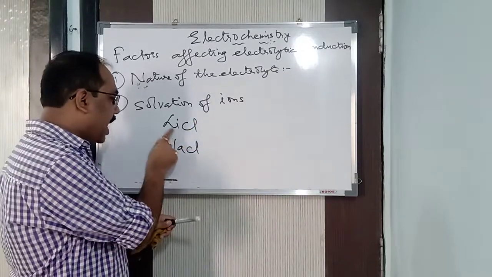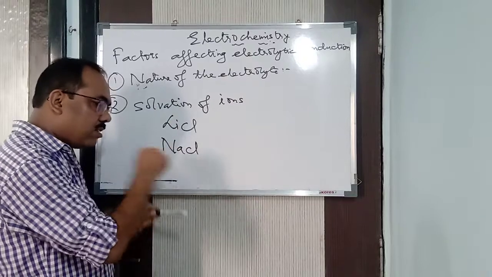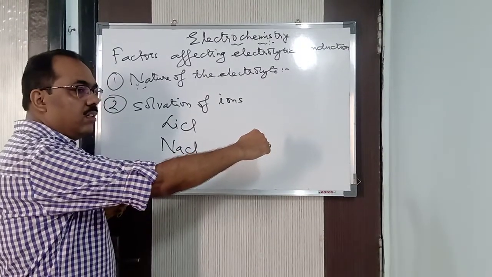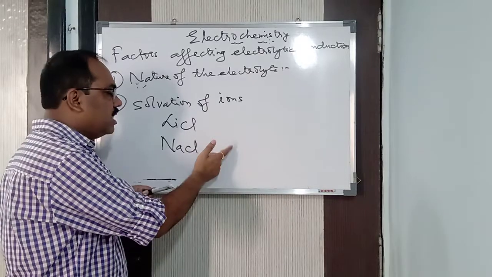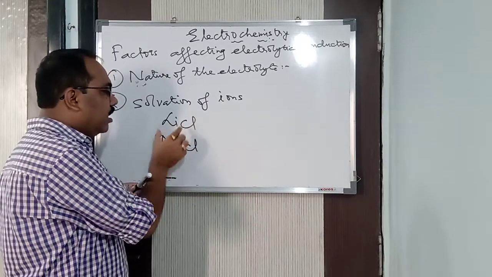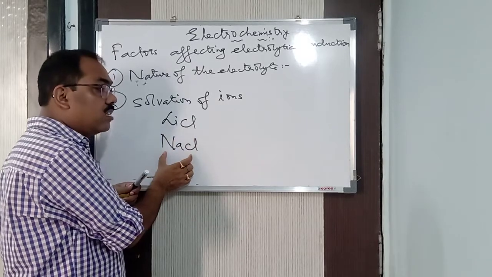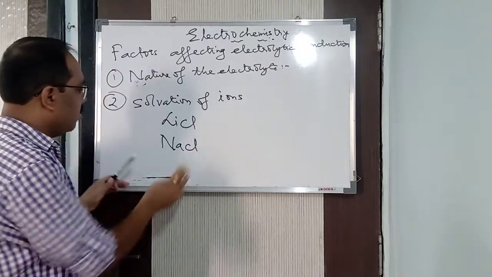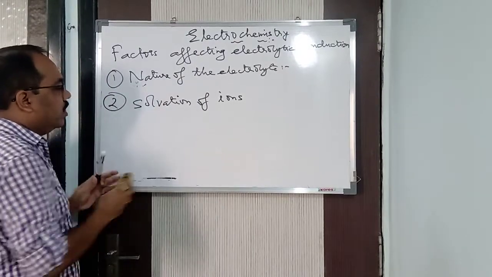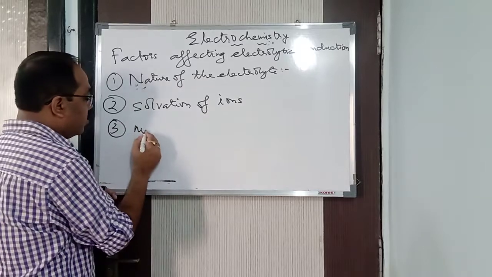Hence, as you come down the group, the size of the atom increases, the bond length increases, the bond becomes weaker and it dissociates easily. Hence for LiCl the solute-solvent interaction is stronger, but in NaCl it is weaker, and potassium chloride is weaker still. Clear? In this way, solvation of ions. Next, the third point is the nature of the solvent used.